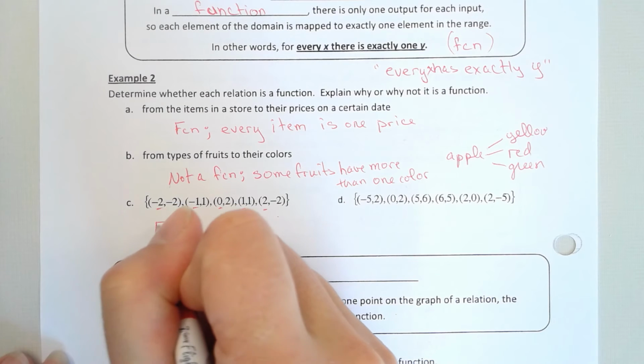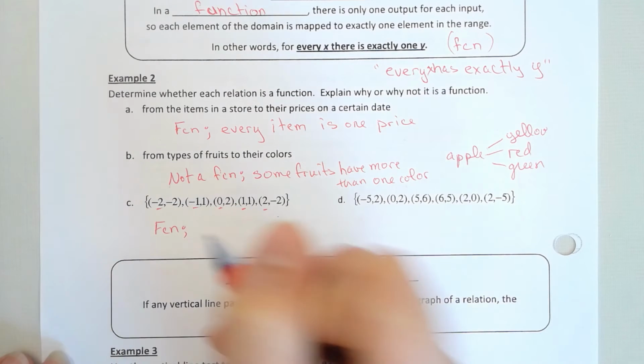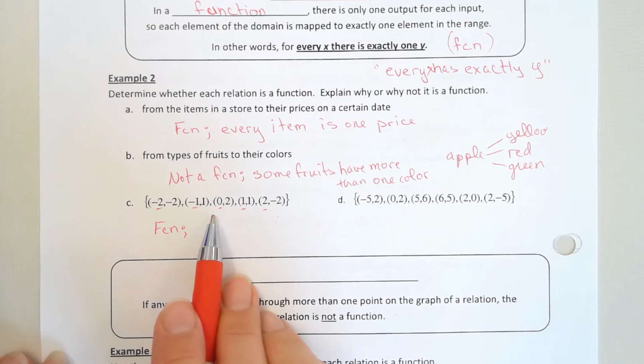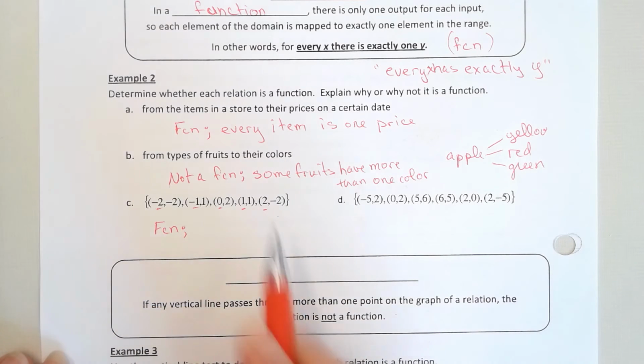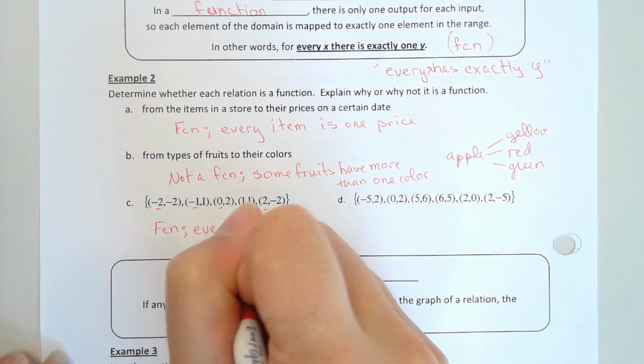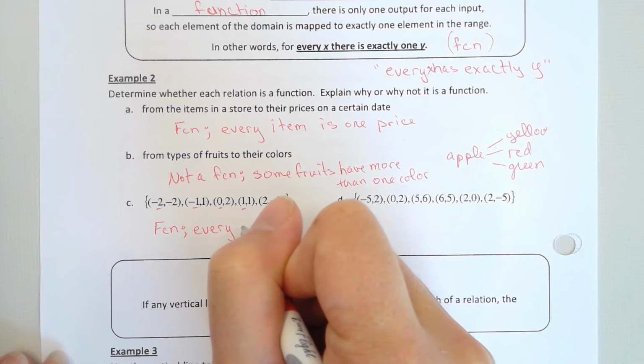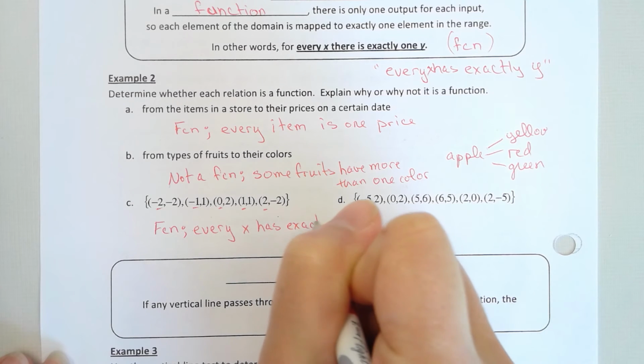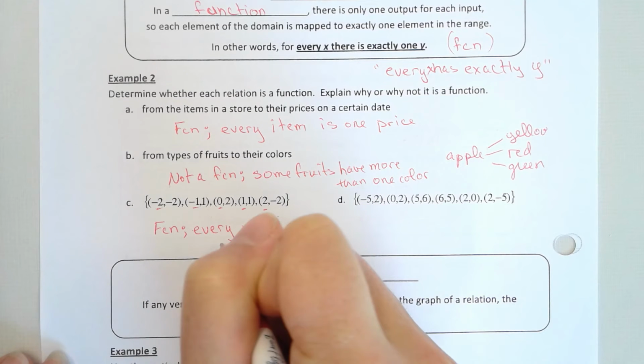So this is a function. Now telling me that x does not repeat is not a good enough reason. The x does not repeat, which means every x has exactly one y. So that is our reasoning. Every x has exactly one y.